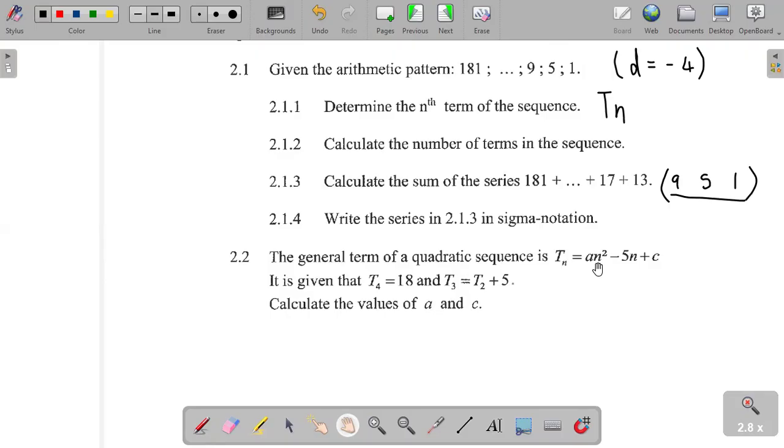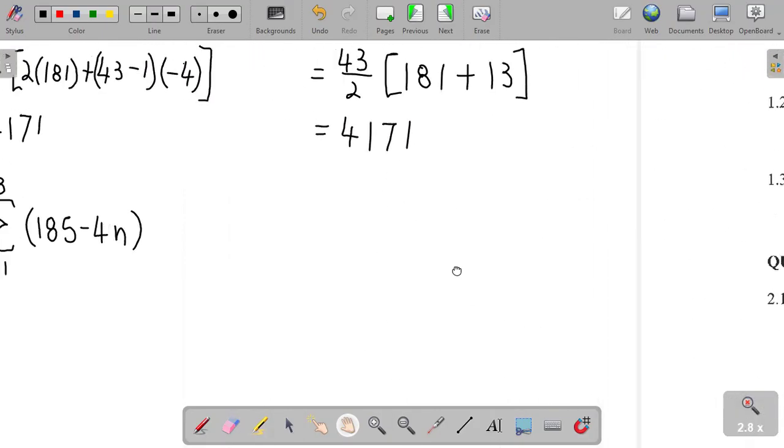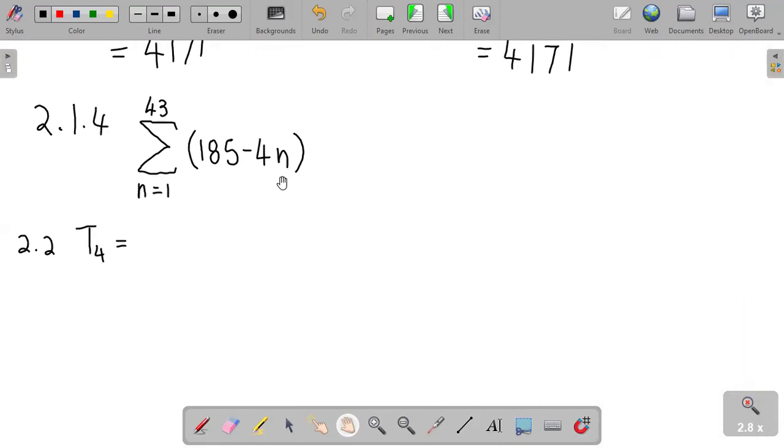So it's going to be a times 4 squared minus 5 into 4, then plus c.